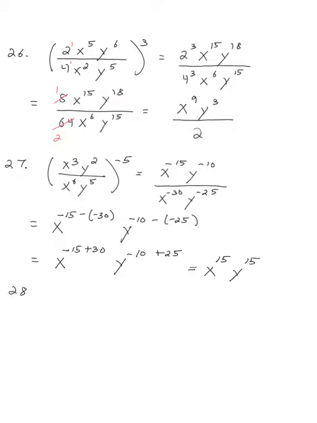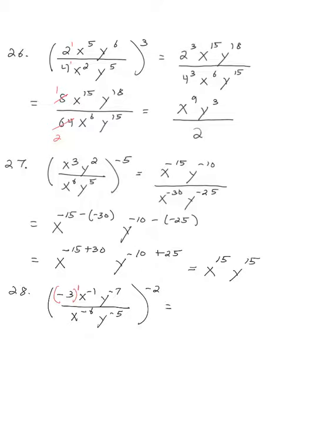For 28, okay, we have negative 3, x to the negative 1, y to the negative 7th, all over x to the negative 6th, y to the negative 5th. And this whole thing is being raised to the power of negative 2. That's a negative 3 to the 1st power.